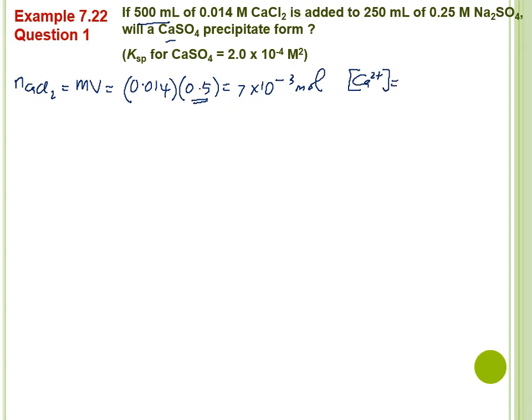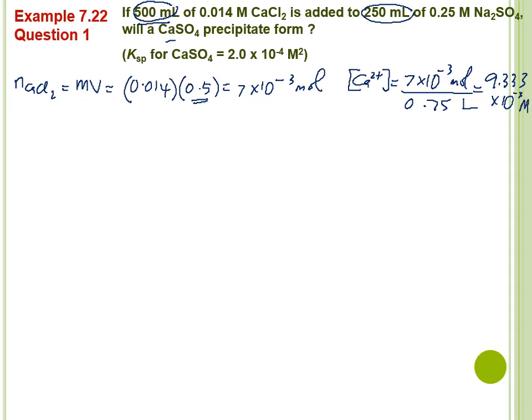This would be 7 times 10 to the power of negative 3 mole divided by the total volume, 500 with 250, that would be 0.75 liters. This is 9.333 times 10 to the power of negative 3 molar.